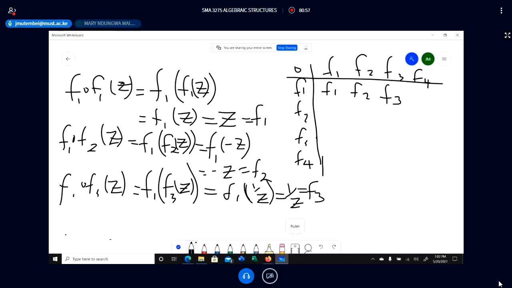So we have F3 there. Likewise, in a similar way, you can show that the last one there will be F4.